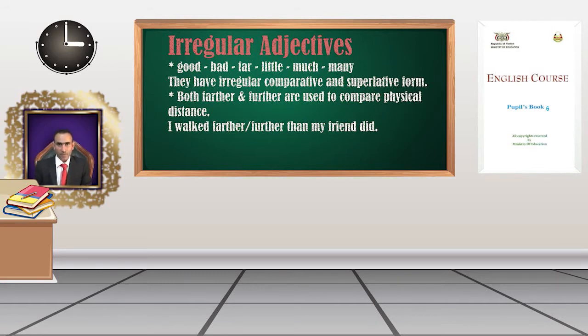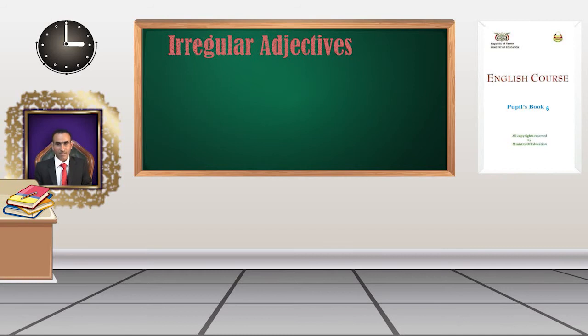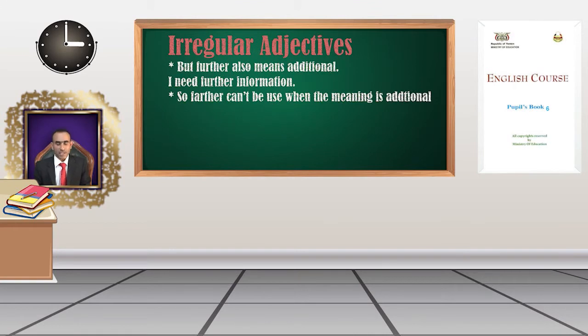For example, I walked further than my friend did. But further also means additional. For example, I need further information. So further cannot be used when the meaning is additional.